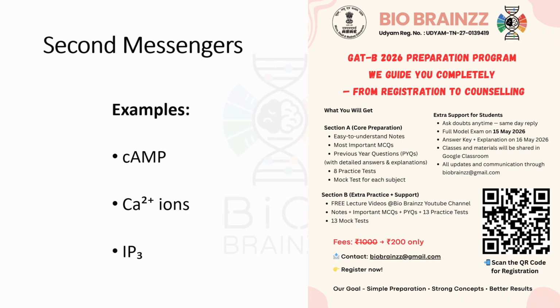These molecules act as intermediates between receptor activation and final cellular response. Because of second messengers, even a small signal can lead to a strong and rapid response inside the cell.